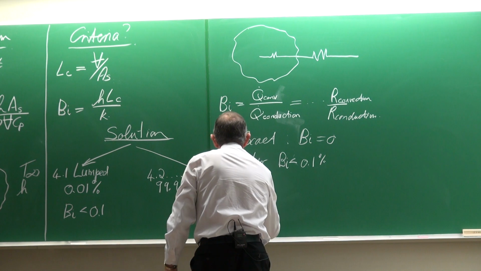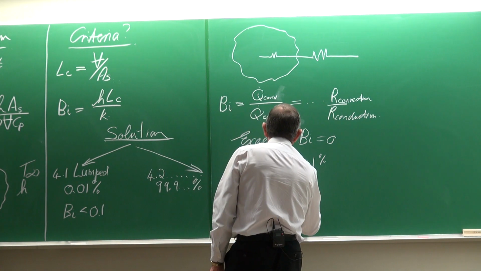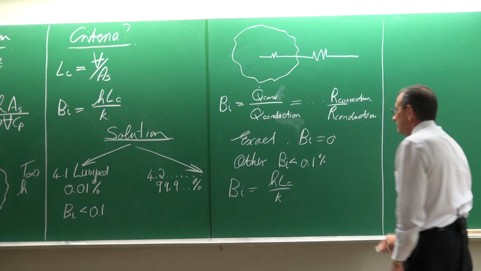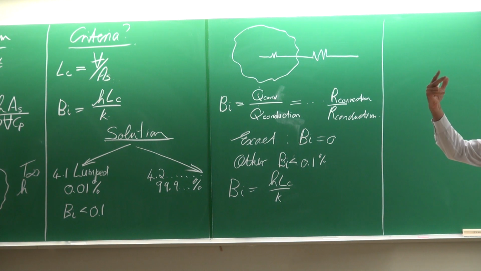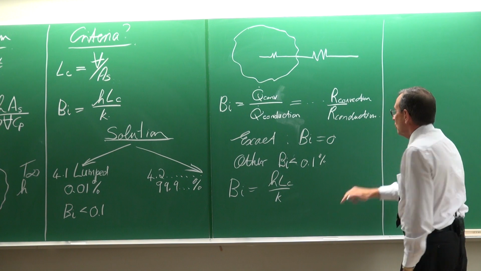Coming back to this equation of the Biot number, which is equal to the heat transfer coefficient multiplied by the characteristic length divided by the thermal conductivity, there are generally three things that we can use to determine if the Biot number is very small.